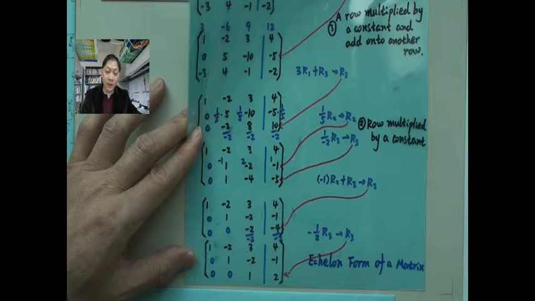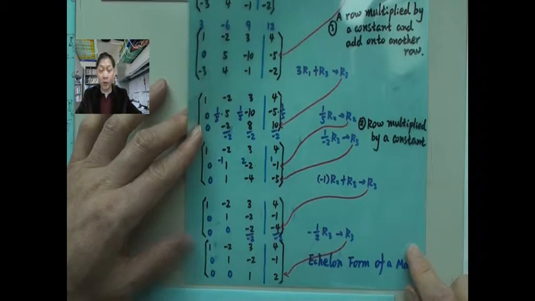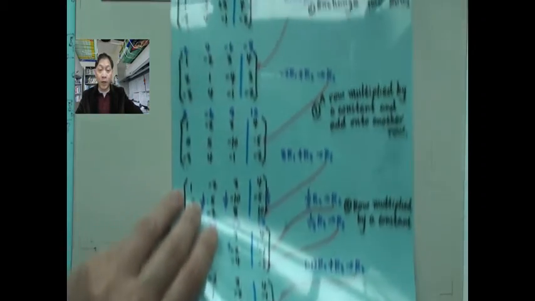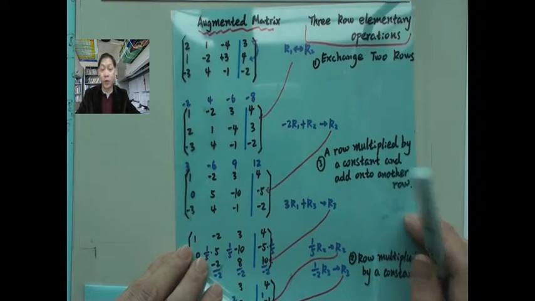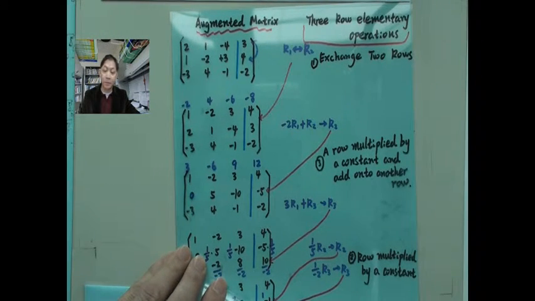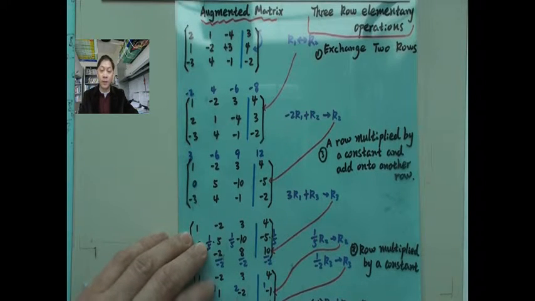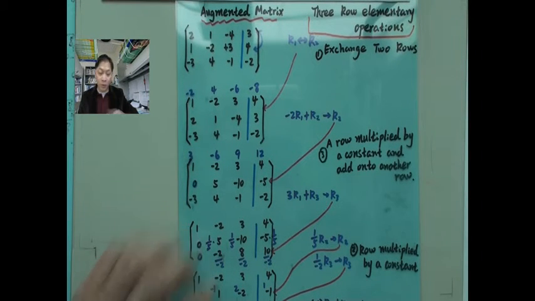And later on, instead of putting x, y, z right here, for each one, you just take it off. Only work on the coefficients. And the way we are doing this is called the matrix way to solve the linear system. Here there are some new terminologies.